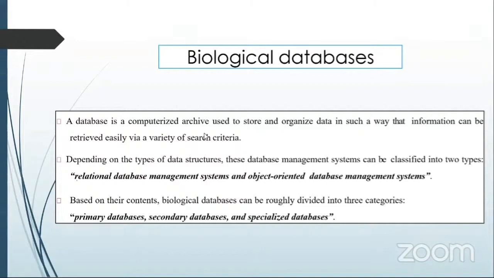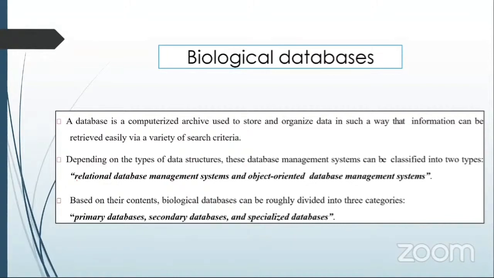The data is stored and organized so that the information can be retrieved easily with a variety of search criteria. You can give the search criteria based on a gene search, a sequence search, or a mutation search if you are working on mutation analysis.